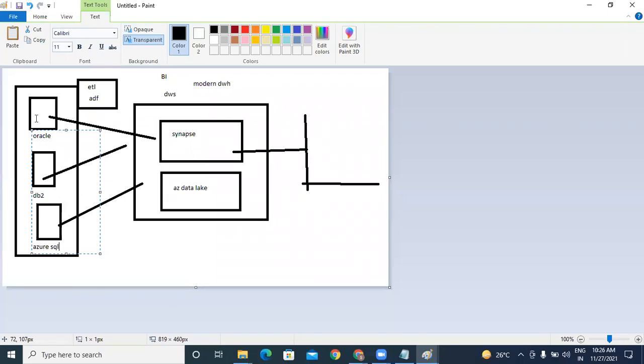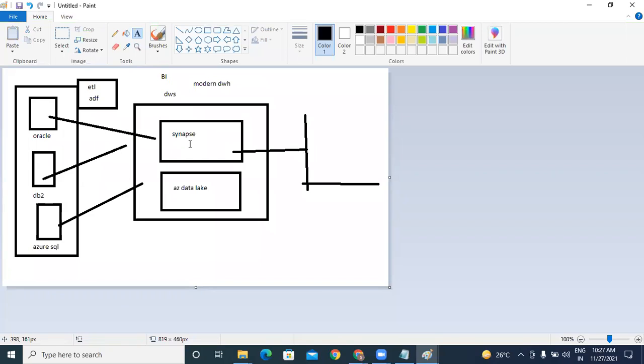Got it? Now as an ADF developer, what is my work role? I need to connect with source databases. After that, I need to create datasets for the tables. And after that, I have to create a pipeline. During the pipeline, I have to perform some transformations. And then finally, I have to load into Synapse if my data is structured.